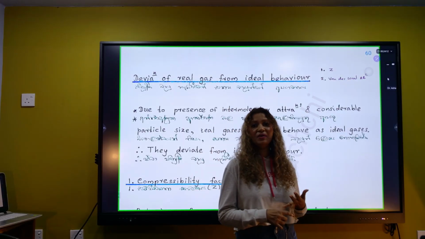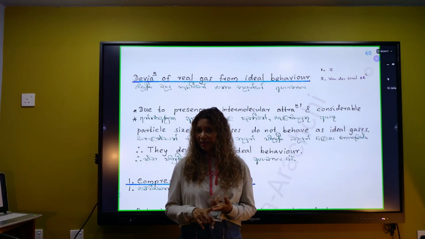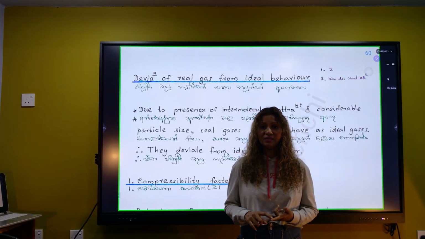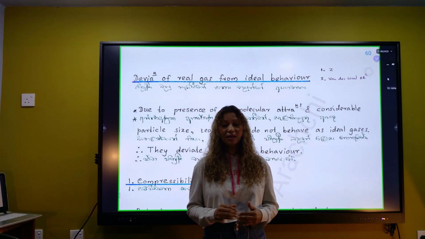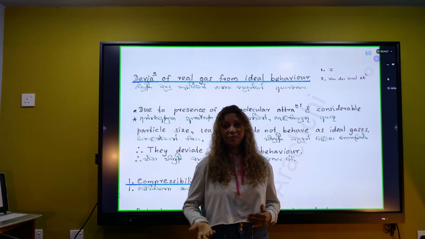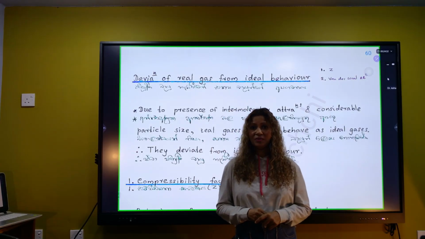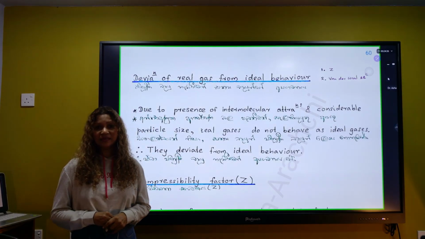Ideal gases have no volume, but real gases have significant volume. For ideal gases, kinetic energy is constant, so collisions are perfectly elastic, but in real gases collisions are not perfectly elastic. They also react chemically with each other, making products, so the kinetic energy is always changing. These 3 are the differences between real gases and ideal gases.